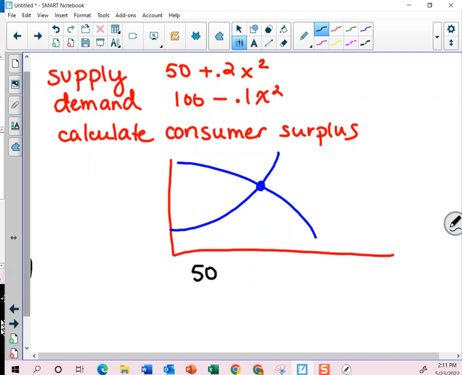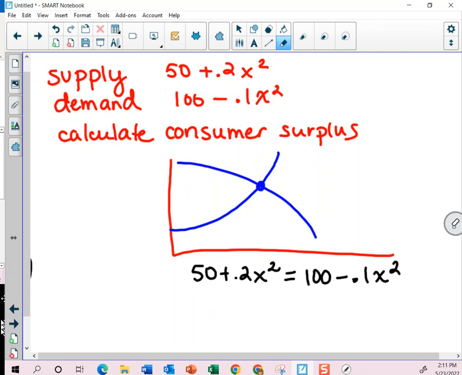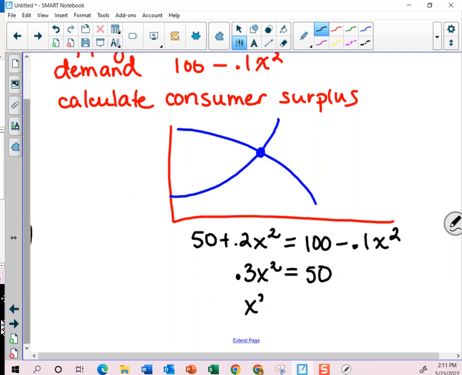So we don't need technology to do this problem. It definitely makes some parts of it easier, but if we set these equal to each other, we ultimately will get 0.3, yep, if I add that to this side. So 0.3 x squared equals 50. So x squared equals 50 divided by 0.3.